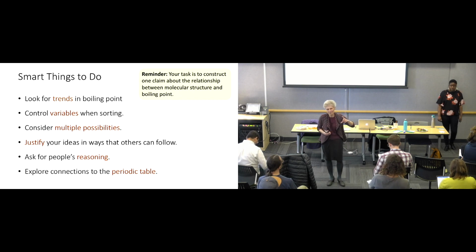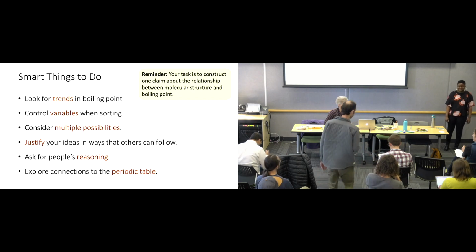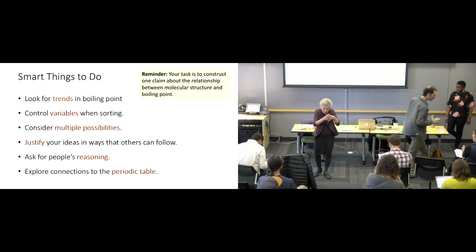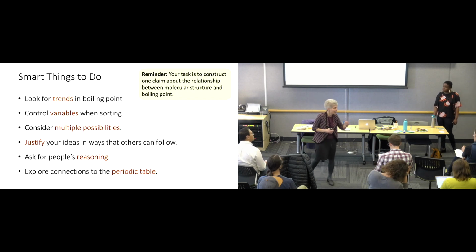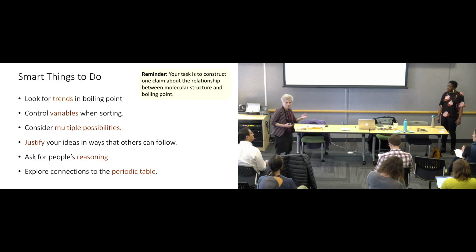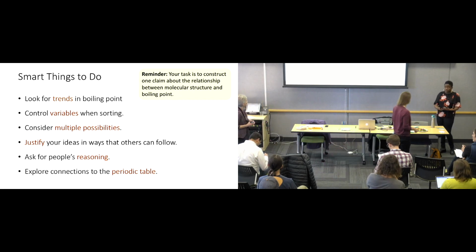And what does higher boiling point mean? Are they more attracted or less attracted? More attracted, all right? And then the ones that were more balled up had a lower boiling point. So shape matters. I saw lots of different possibilities. I hope you rearranged your cards in lots of different ways and saw different kinds of patterns.